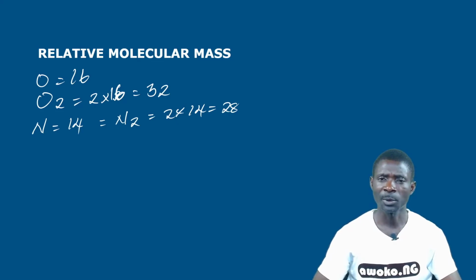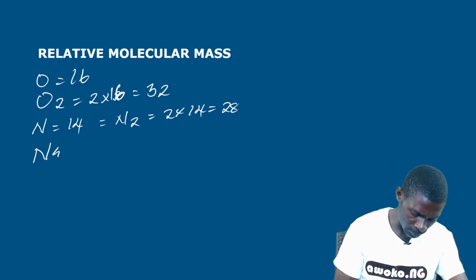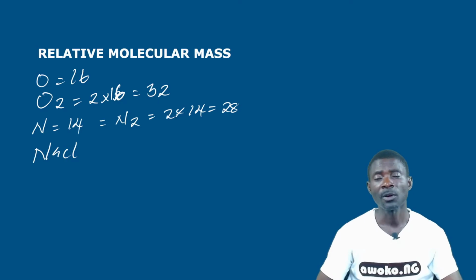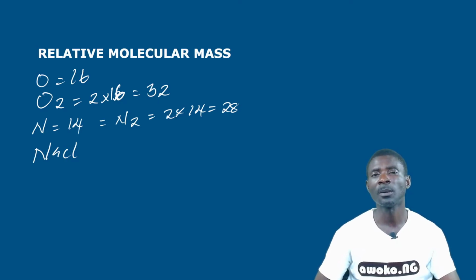Let's take, for example, a simple substance like sodium chloride. Of course, sodium chloride is made up of sodium and chlorine. So if we want to find the relative molecular mass of sodium chloride, what we simply do is sum the mass of sodium and the mass of chlorine together.